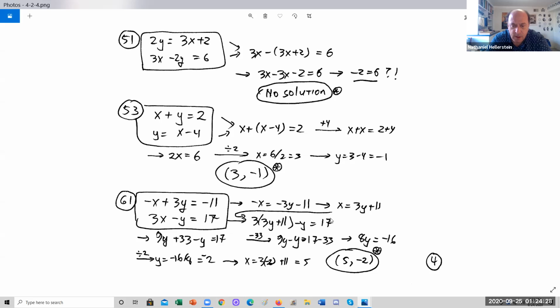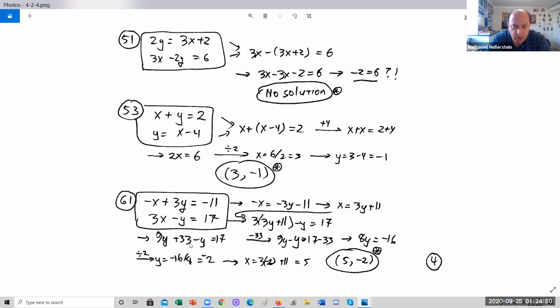Here's an equation which combines the two equations, combines their information into one equation. That's the idea of substitution. Distribute the 3 over this parenthesis. We'll get 9y plus 3 times 11 is 33, minus y equals 17.